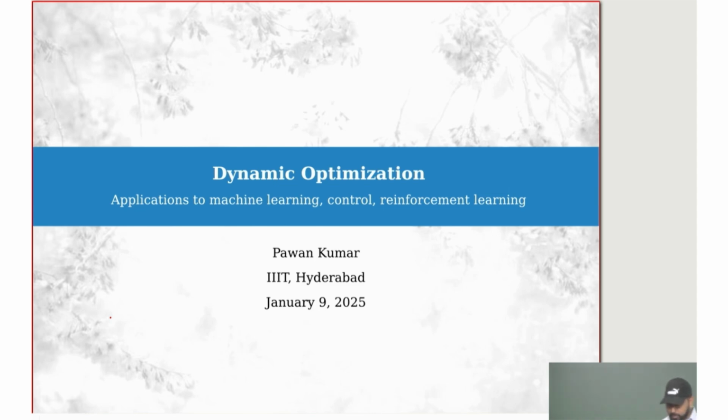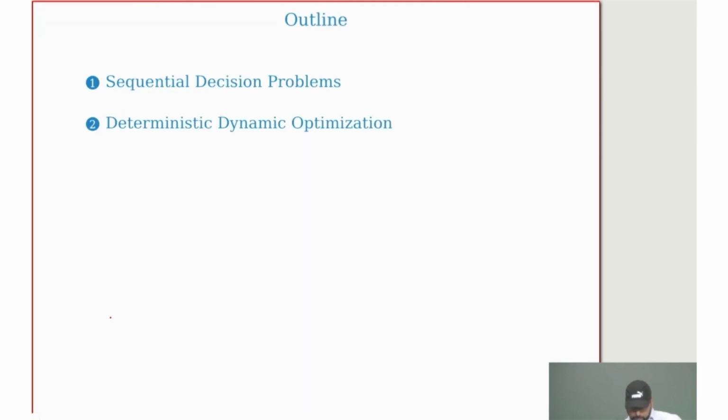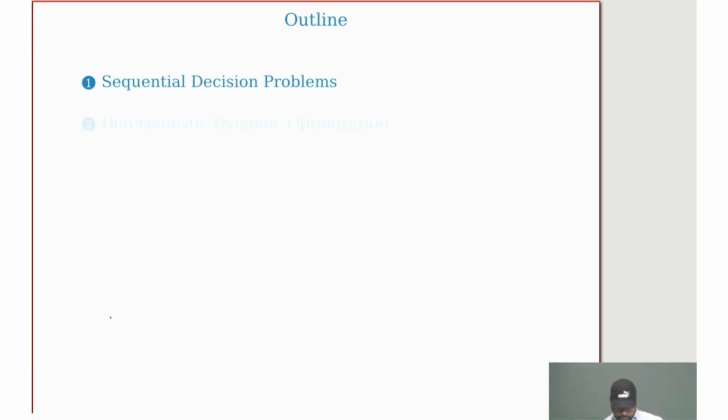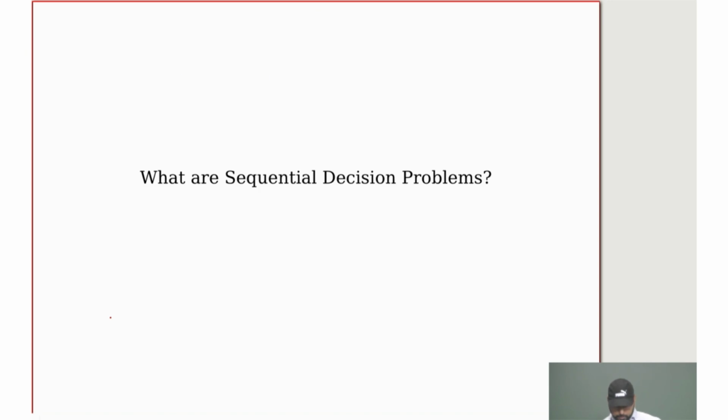And then we saw some applications. There are wide ranging applications of dynamic optimization. So sequential decision making problems, I have given an introduction to these. So what are sequential decision making problems?